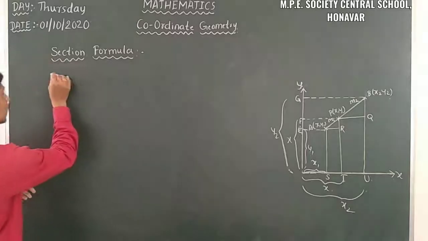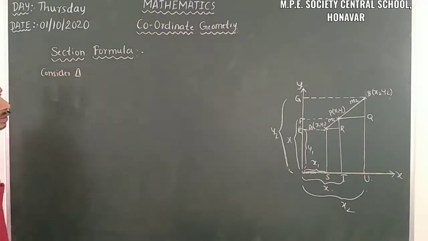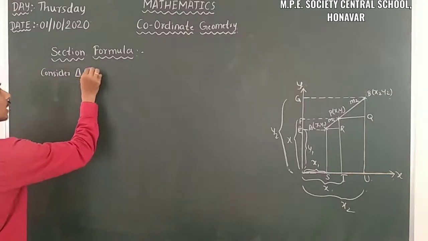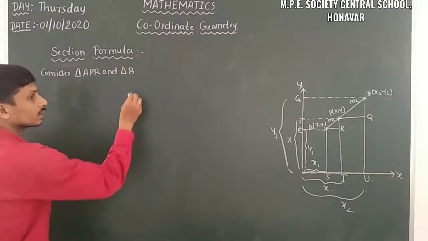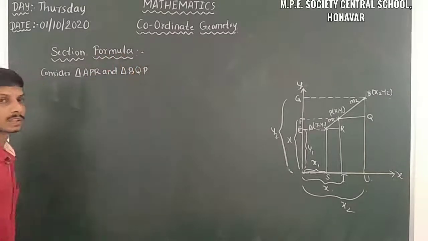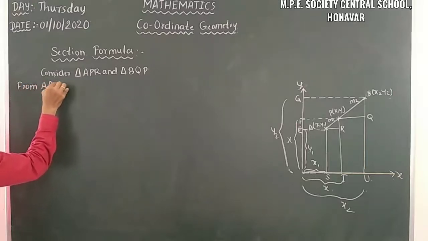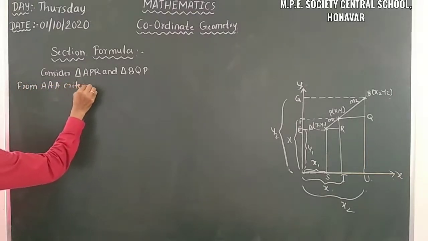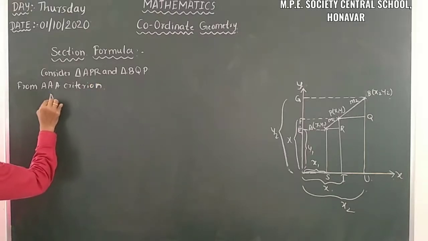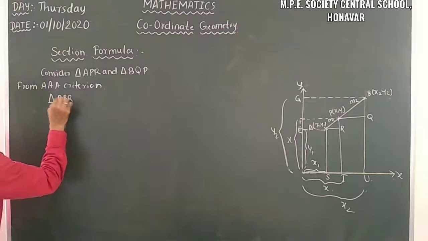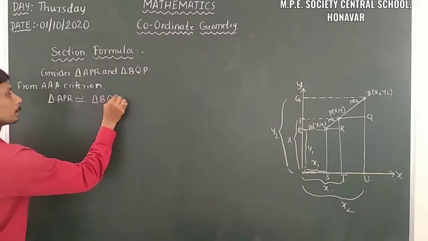So let us consider triangle APR and triangle BQP. From the AAA criterion, triangle APR is similar to triangle BQP.